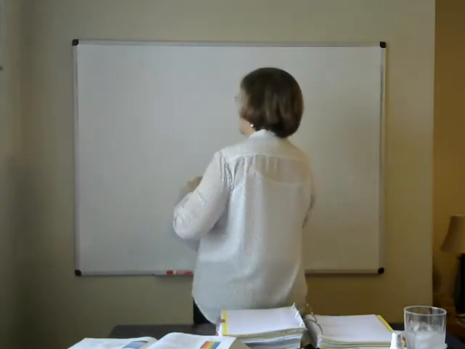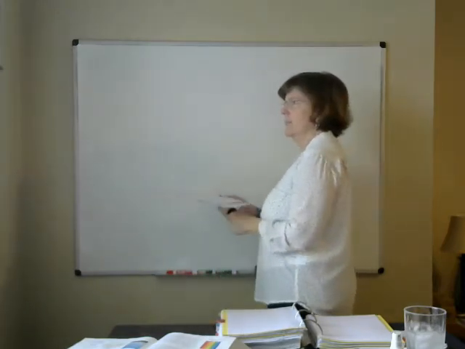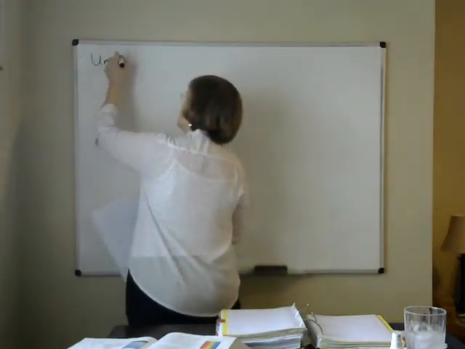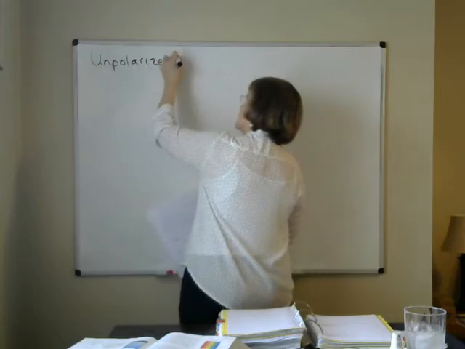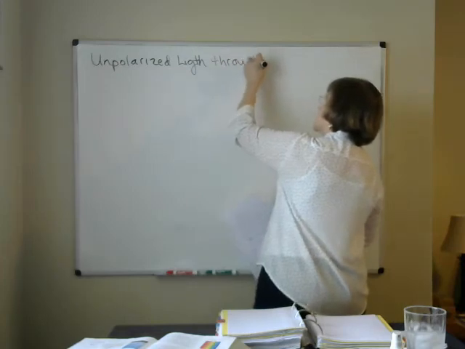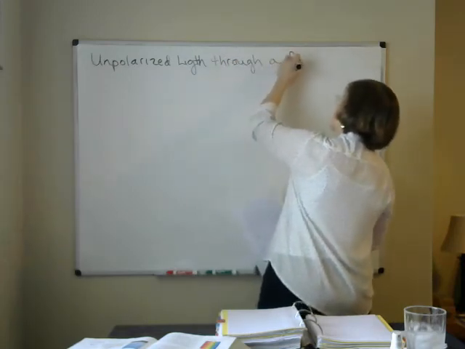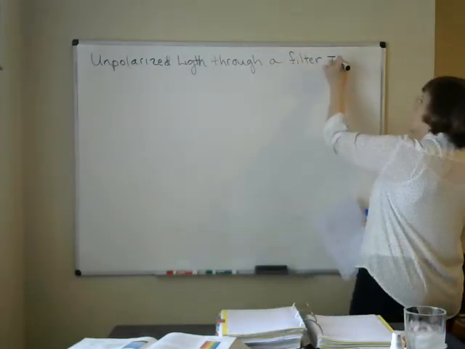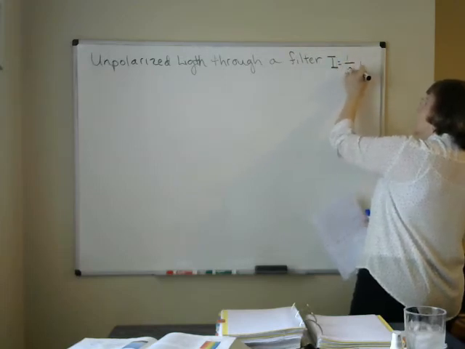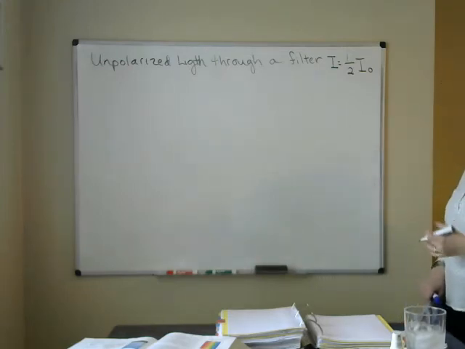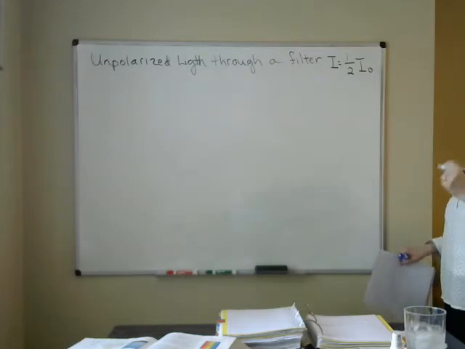Okay, so if we have unpolarized light through a filter, our new light I is going to be exactly 1/2 of I0, where I0 is the original amount of light that was being transmitted. It will cut the intensity of that light exactly in half.